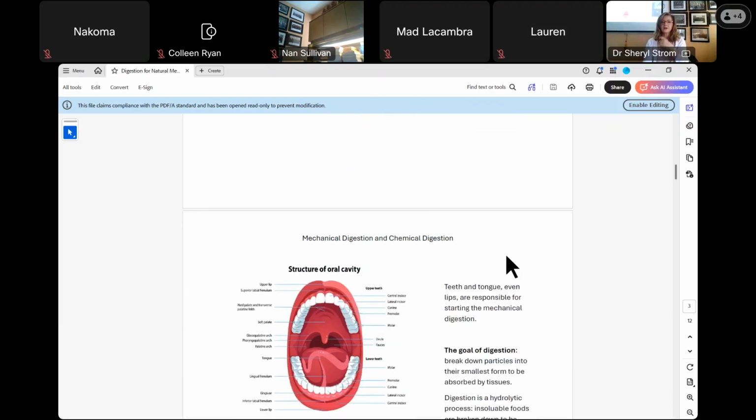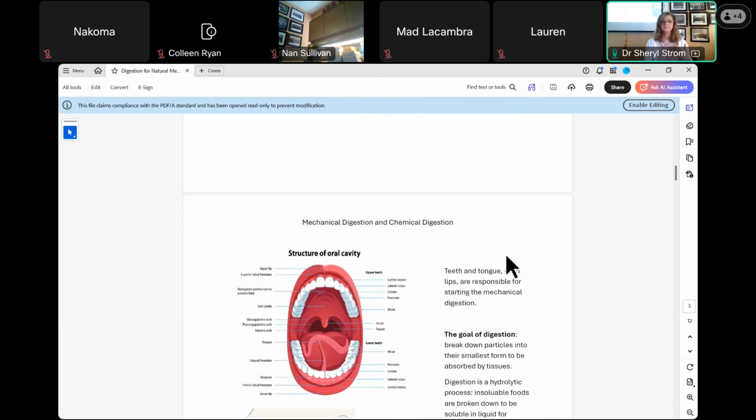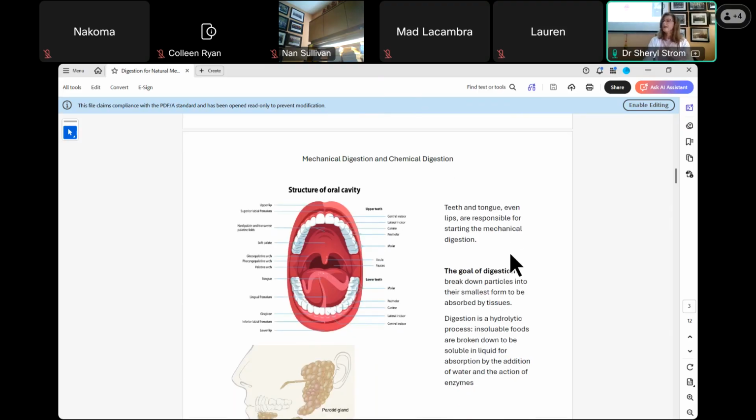So now we're going to start at the oral cavity. And how does that work? If you can't see that writing, you'll have to bring up the information on your email, the handout. The mouth, you do not have to know details.